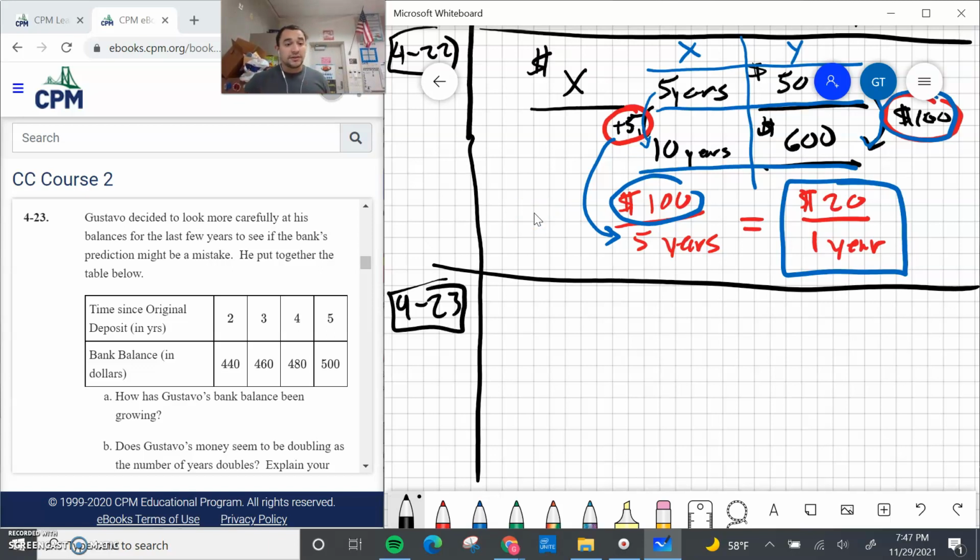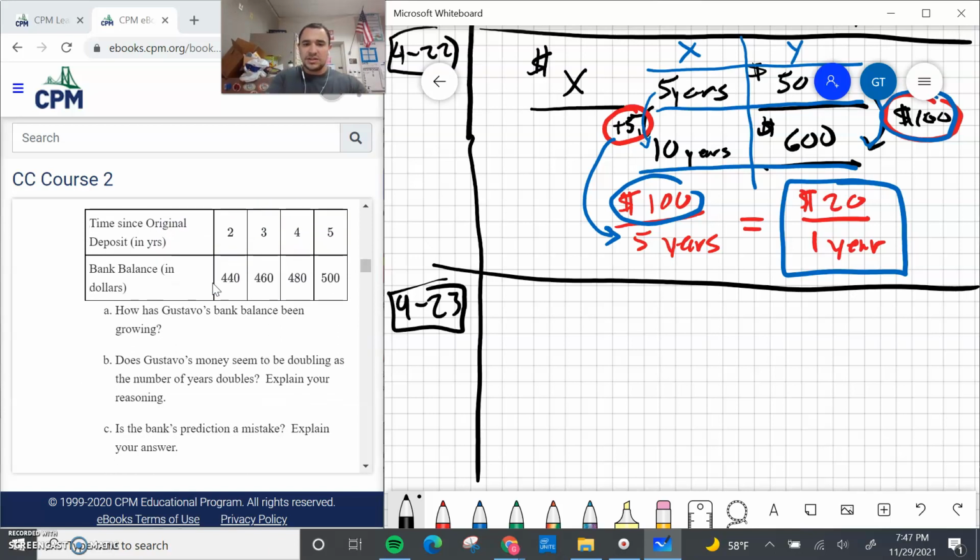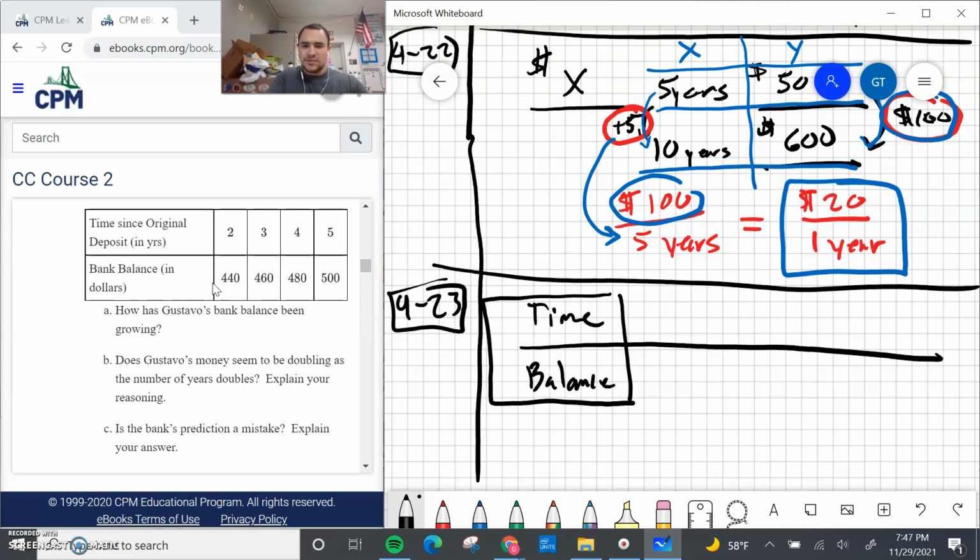Gustavo decided to look more carefully, and now you see that you have this table here. He put together this table below. So we have time in years, and we have our balance, right? And then time is in 2 years, 3 years, 4 years, 5 years.